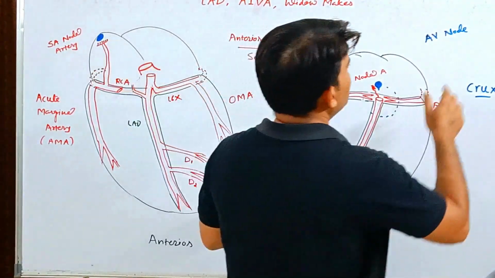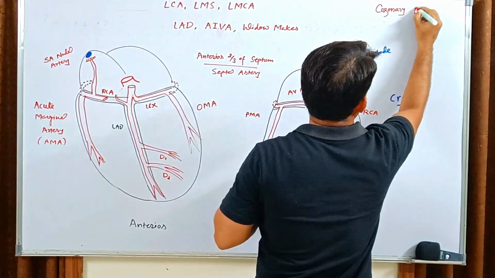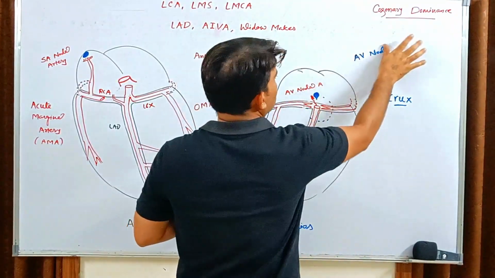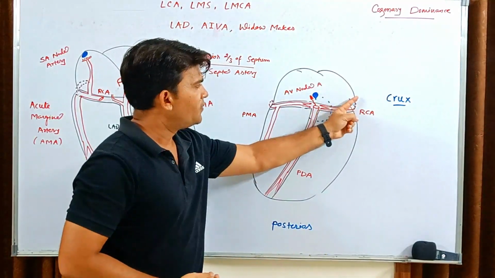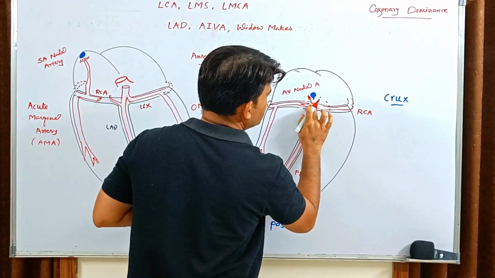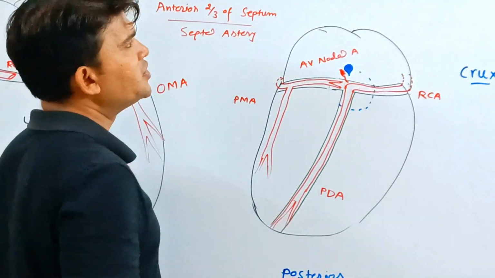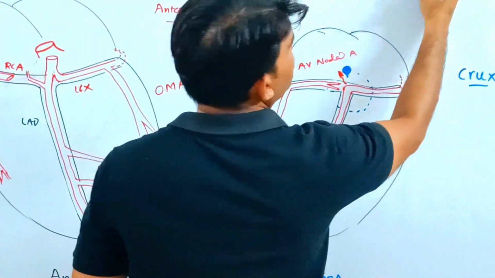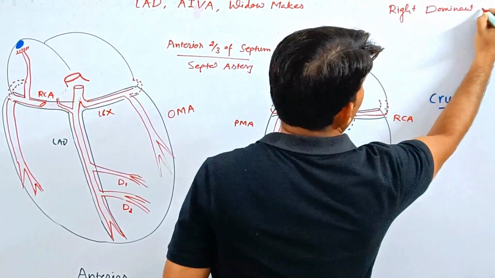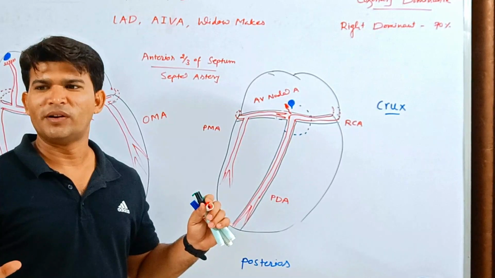If the right coronary artery supplies the posterior descending artery, in this condition we will call the heart right dominant, and in up to 70% of cases the heart is right dominant, right?